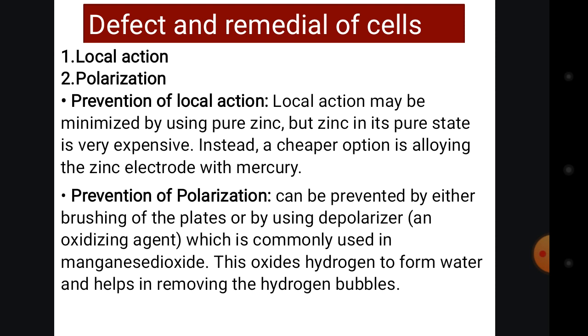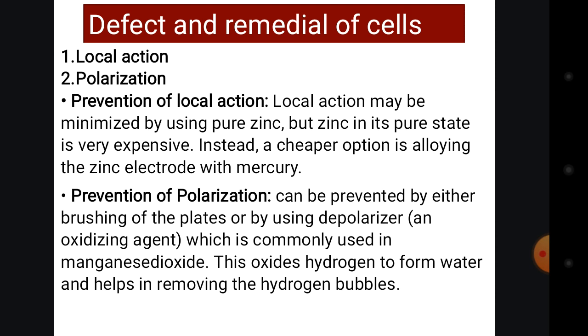Also, using a depolarizer is one of the ways of preventing the defect of your cells. A depolarizer is an oxidizing agent, commonly manganese dioxide.